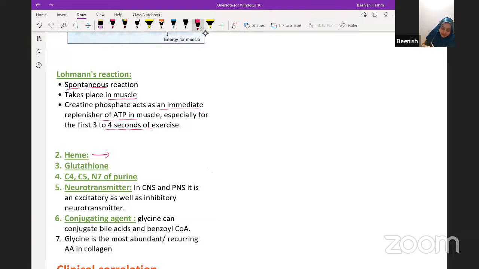So the starting substrate is succinyl-CoA, which combines with glycine, and then ultimately via multiple steps, what is formed? The heme is formed.